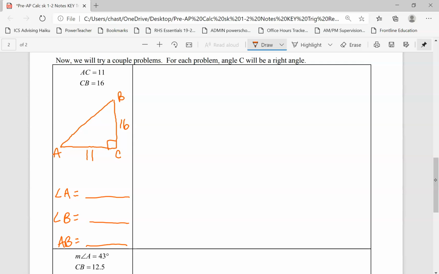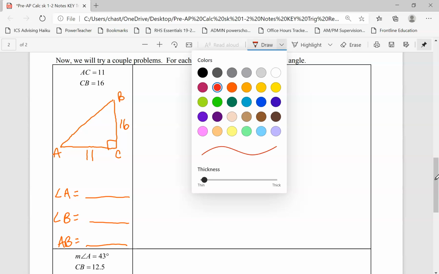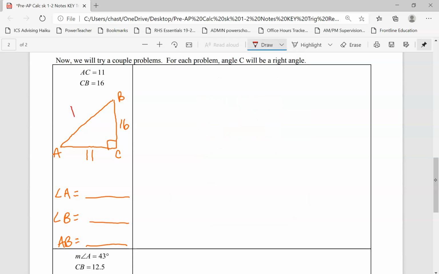I don't know anything about any of the angles other than the right angle, so I do know that I can label this triangle. So we have our hypotenuse. I need to choose an angle here. I'll use angle A. I know the opposite side and the adjacent side.